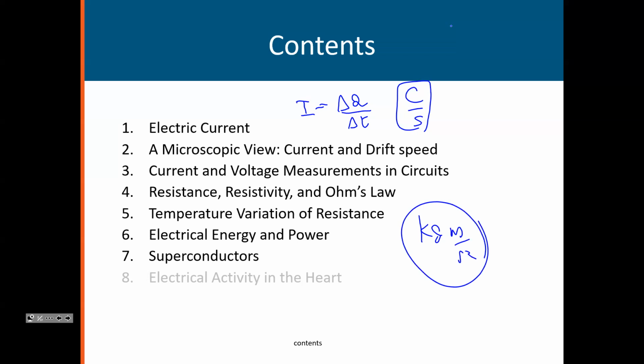Similarly, coulomb per second is amperes. Okay, good.